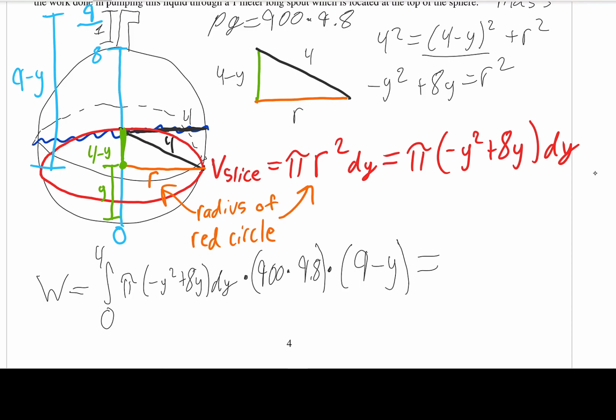Okay? And then when we integrate and calculate this, we'll get approximately 768,458.96. And then if we remember, we are in kilograms and meters right now. And if we're in kilograms and meters, then that means that our unit is going to be joules.